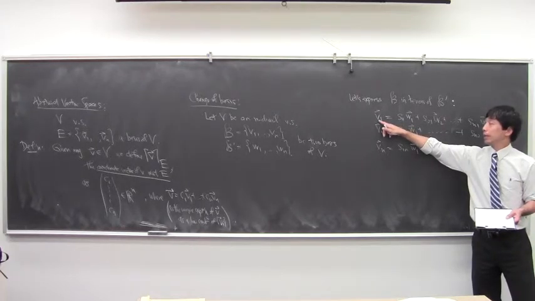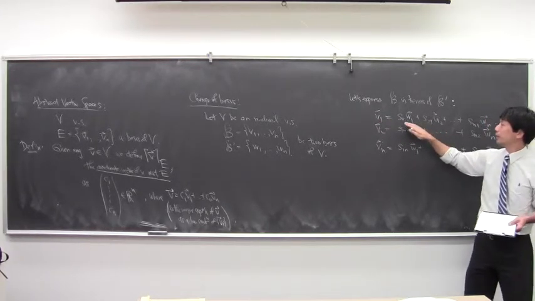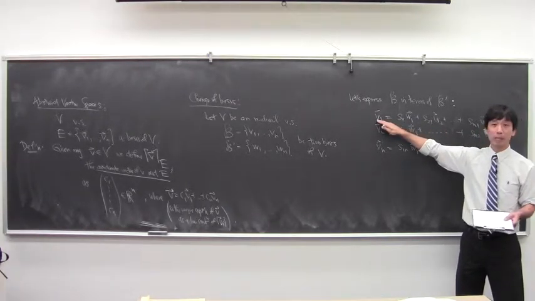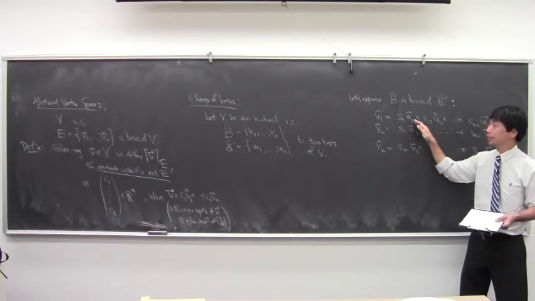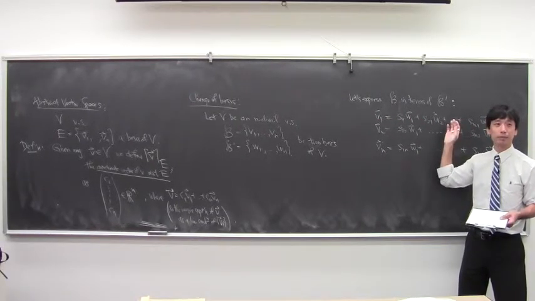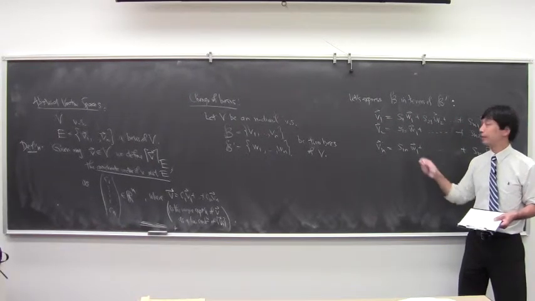So anybody in the space can be expressed as a linear combination of the Wi, because the Wi form a basis, and this is unique.